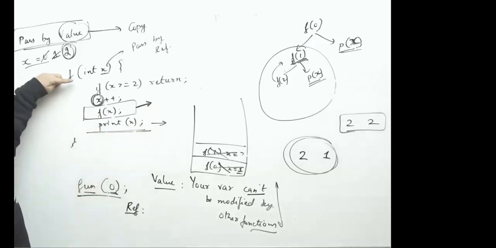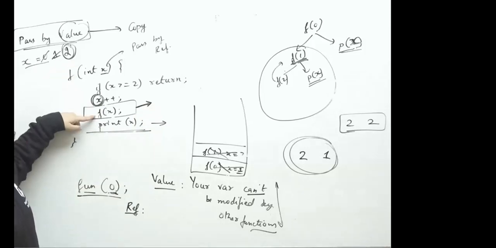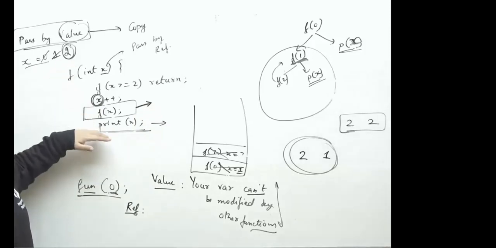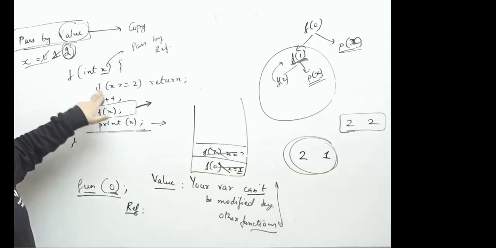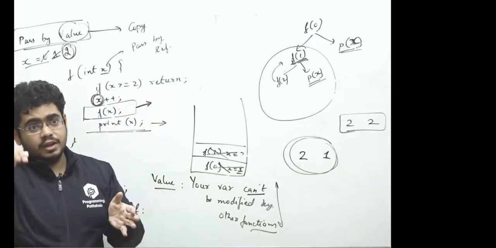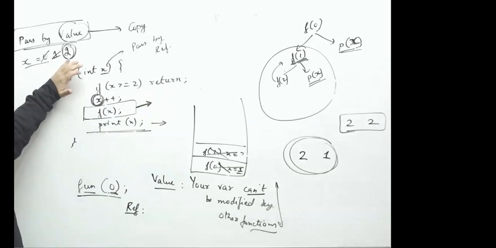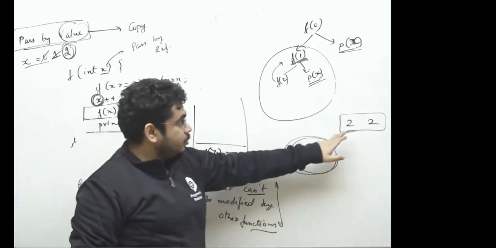So f of 1 calls, it does plus plus. So this becomes 2 now. It calls f of 2. And again, I will print once I return from f of 2. So f of 2 is called. f of 2 simply returns. So final value of x after all the recursions is 2. And that is what is being printed by both the functions. So the answer is 2, 2.